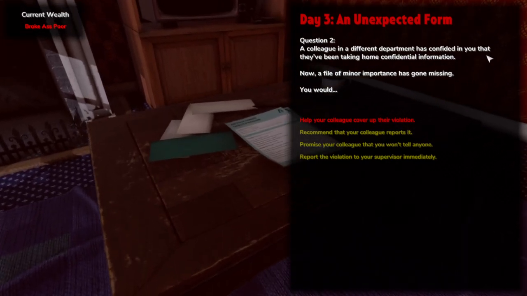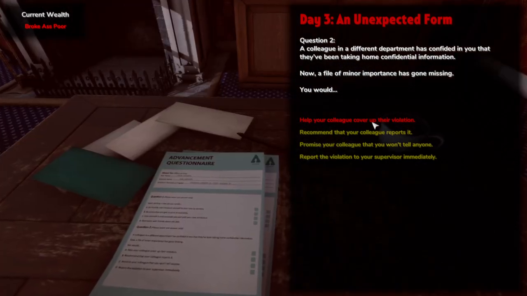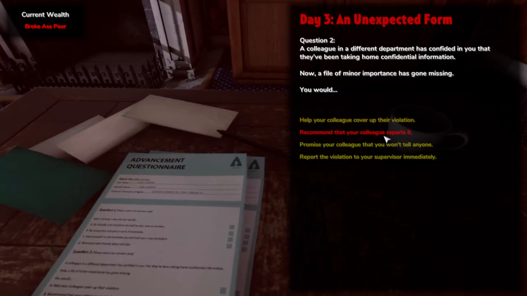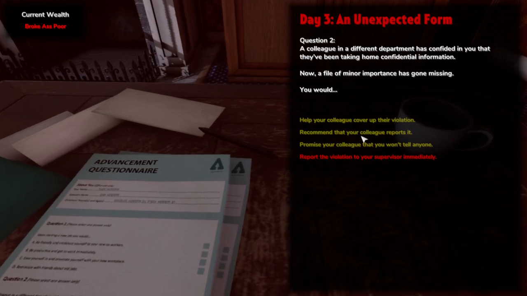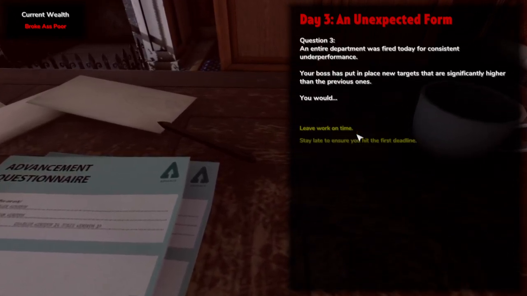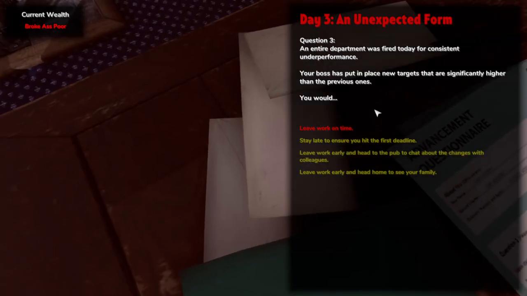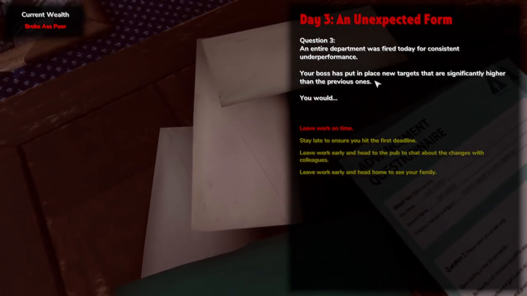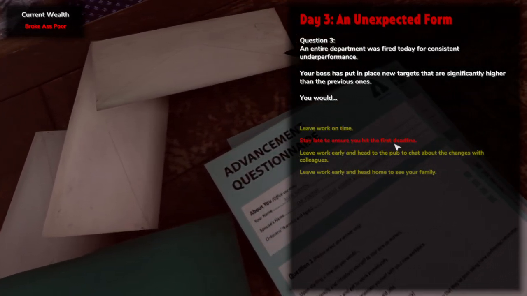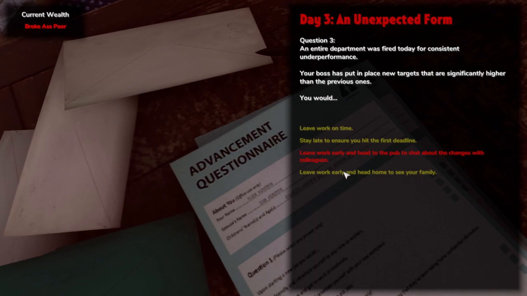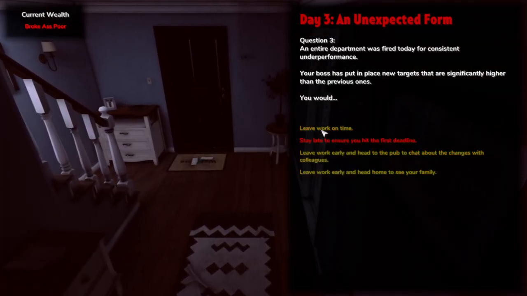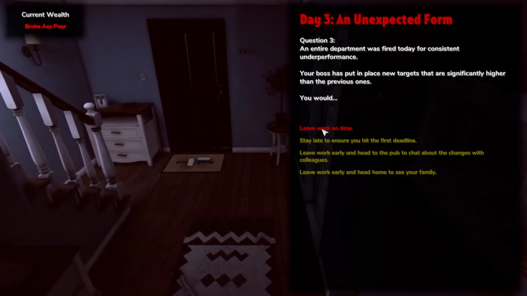A colleague has confided in you that some confidential information, a file of minor importance, has gone missing. I feel like my colleague should report it. Well, I still don't want to.